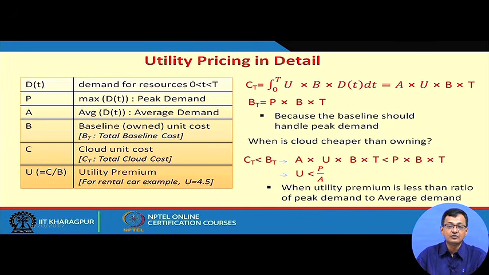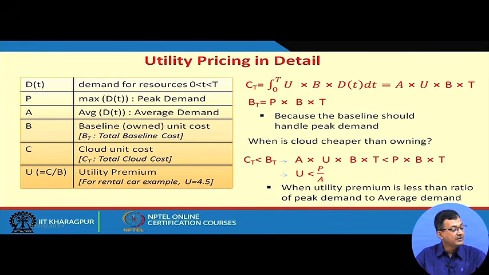So, what is the cloud unit cost if I purchase the service, and U is the utility premium, like renting a car. In our case it is 5,000 by 500, so something like 10 is the utility premium. The utility premium is the cloud service cost divided by the baseline cost.